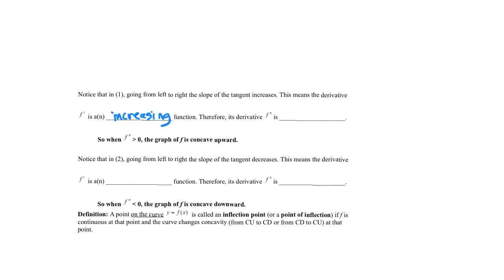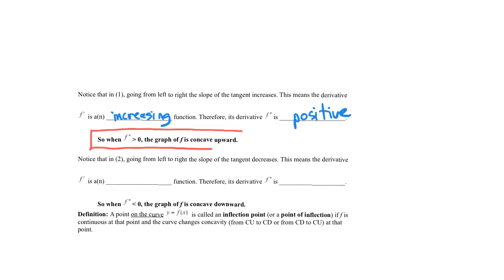If the slope is increasing, well, slope is the geometric equivalent of the derivative. So the derivative is an increasing function. And so if f prime is increasing, then its derivative, f double prime, is positive.